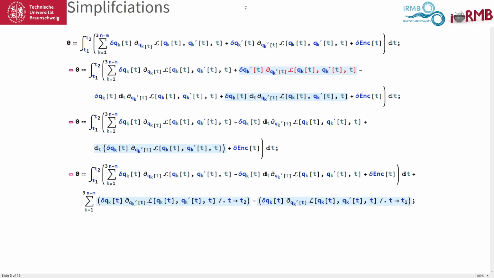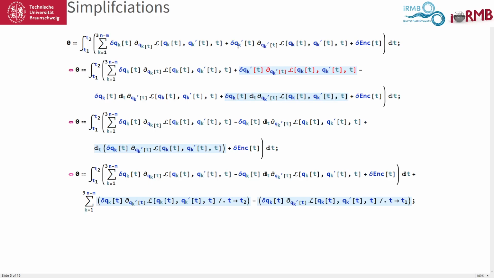So now we have to simplify this thing a little bit. I've written it down here again. We cannot use this directly because we have a problem. There is the variation of the coordinates together with the variation of the velocity of the same coordinate.